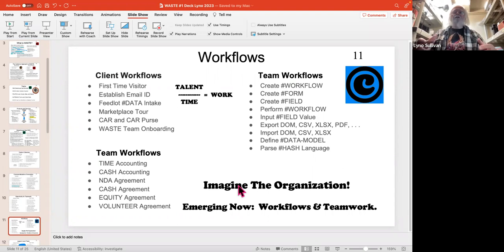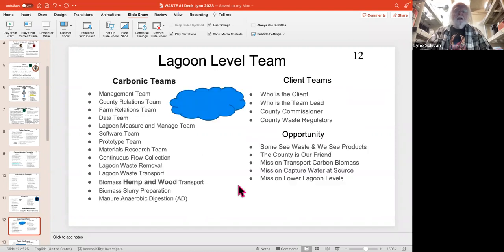So there's team workflows that I talked about, and some techie stuff in the upper right, client workflows, things that involve feedlot data intake. I have feedlot data for all of the feedlots in Minnesota in a GIS database, available for mailings. When I can pull a team together, I can say, get in touch with these people. Here are their phone numbers and addresses, introduce yourself, and invite them into the sales.